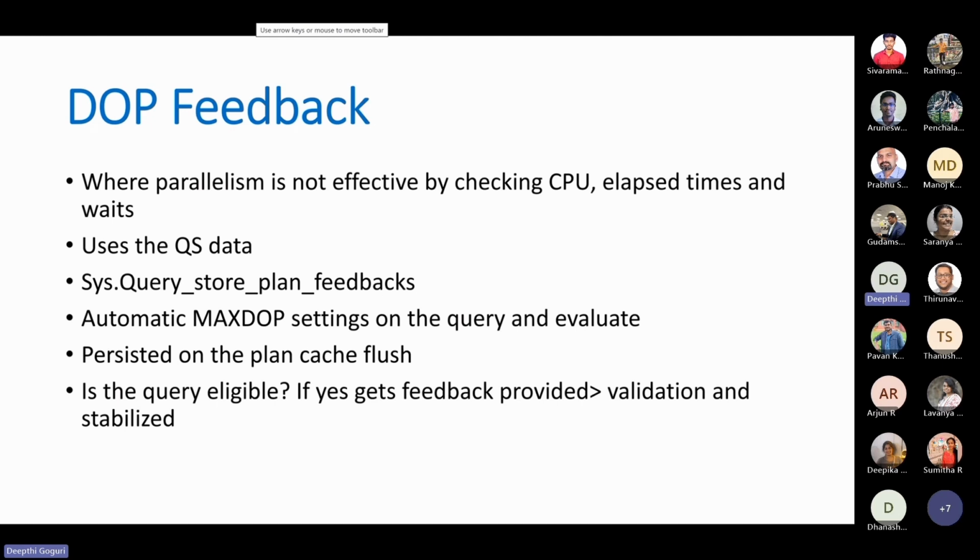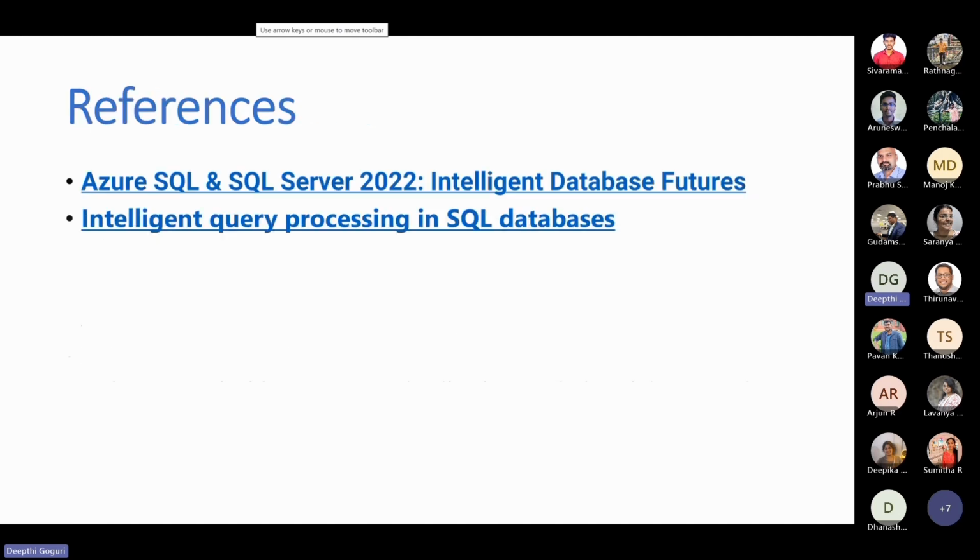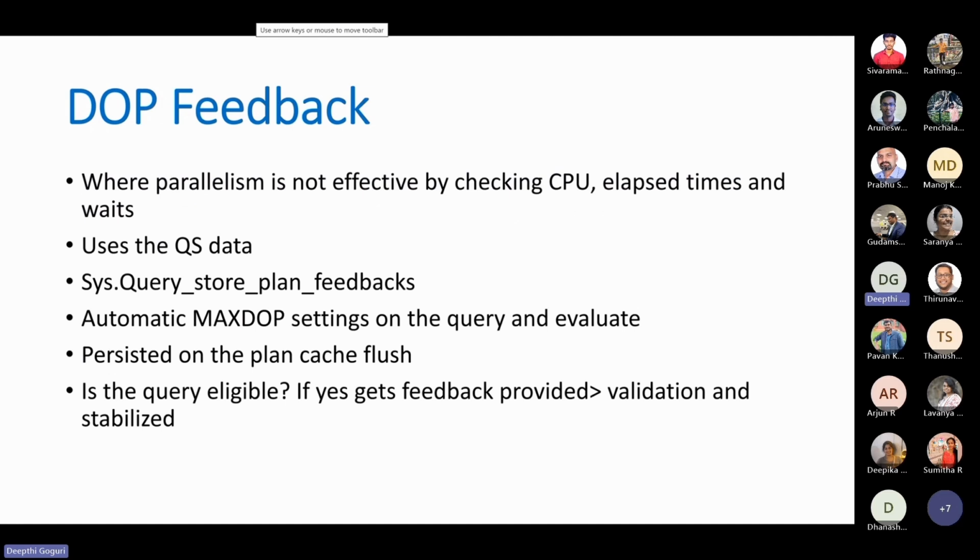Based upon the feedback, it will always make sure to decrease the MAXDOP value, not increase it. And again, is this query eligible? Then it will check, and if the feedback is provided, then the feedback should be validated, and after being stabilized, the DOP value will be applied.